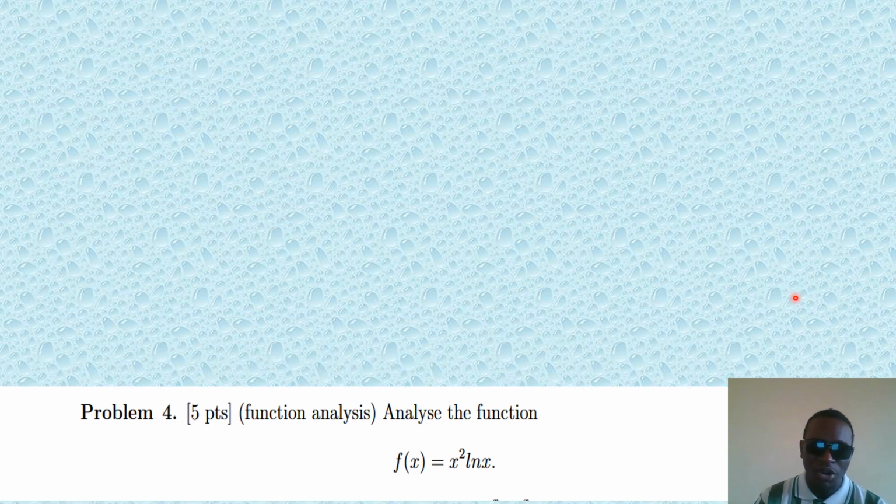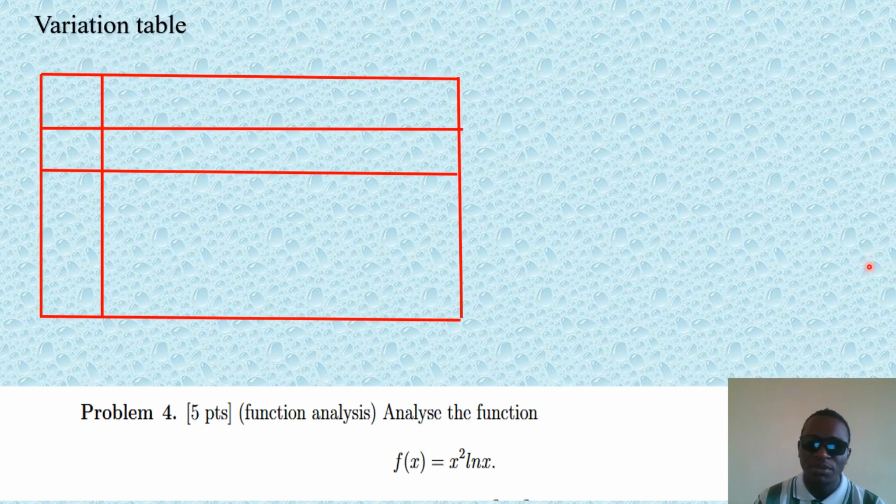So after doing all of this, we have to draw our variation table to summarize all we have done. So our variation table will look like this. We have values of x there. Then the sign of the gradient and the behavior of f will be here. When you're writing the variation table, always start from the lower bound of your domain.